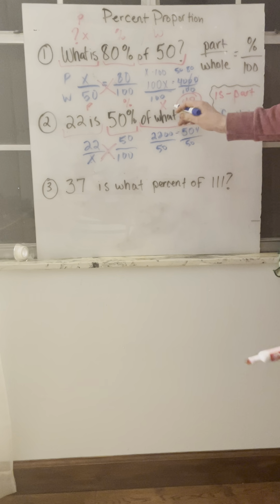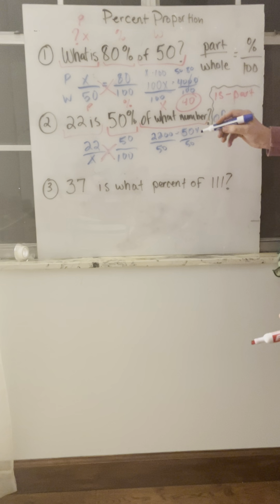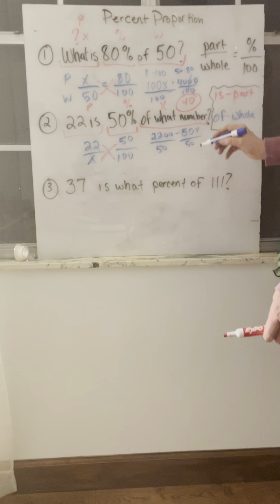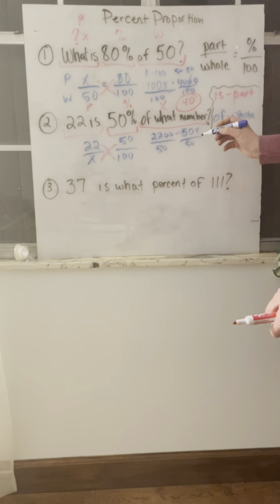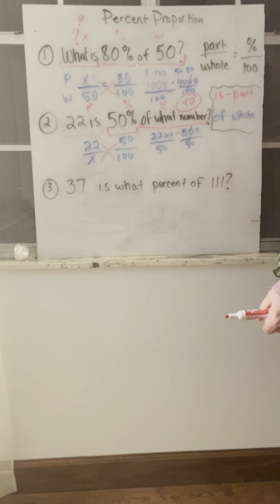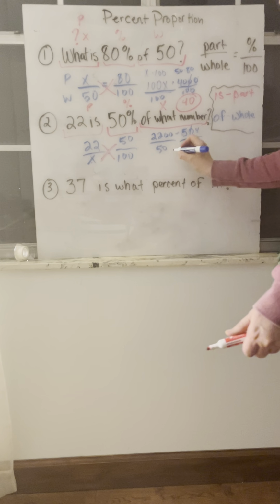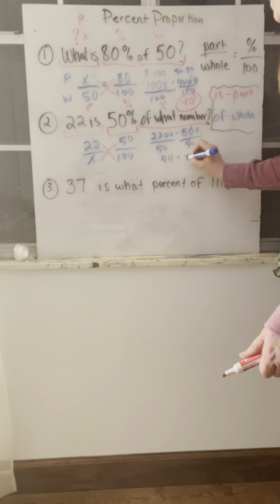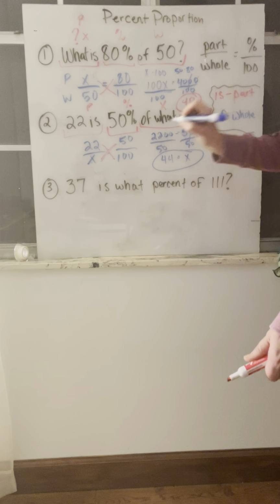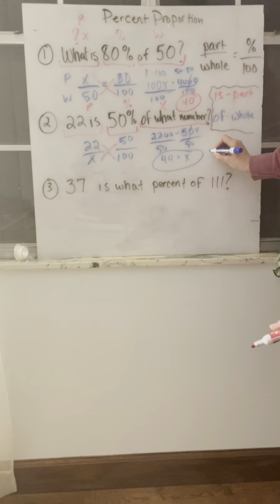I know my x term is over here now, but that doesn't change anything. You're still having to get x by itself, so we do that by dividing both sides by 50. 2200 divided by 50 is 44. So 44 equals x. That is our whole. Or you can write it this way, x equals 44.